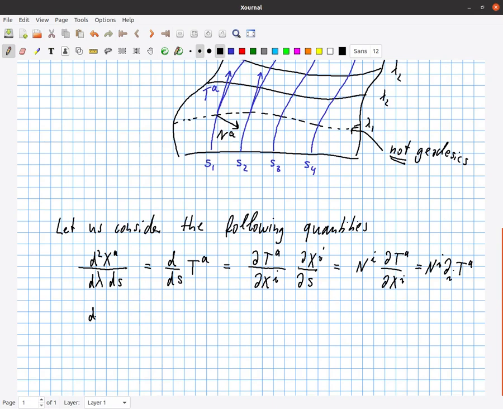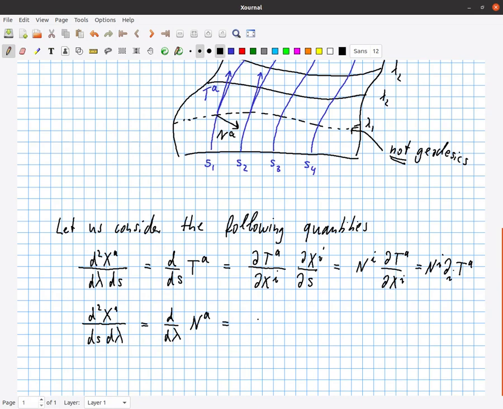If we look at the object and we change the order of differentiation, which should not affect the result, we get d over dλ acting on n^a.